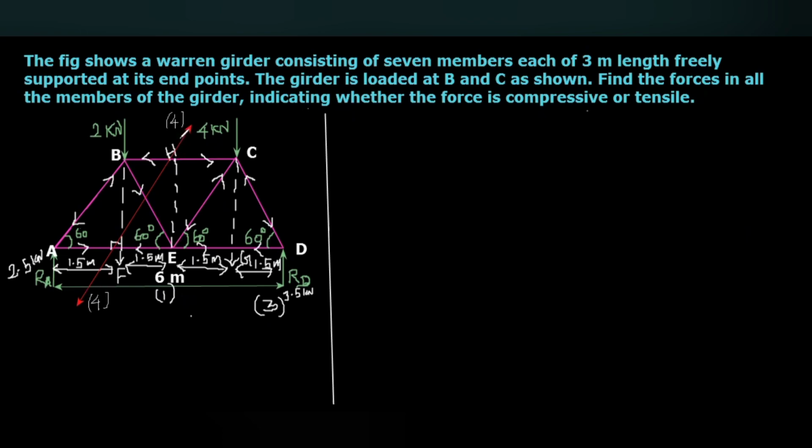It cuts the portions BC, BE, and then AE also. Here, as usual, we can consider the left side portion or right side portion. Here, the left side portion is the smallest one. So we are going to take the left side portion.